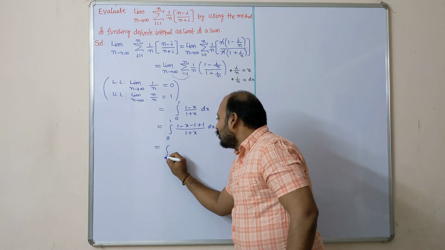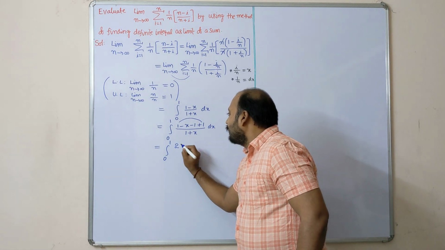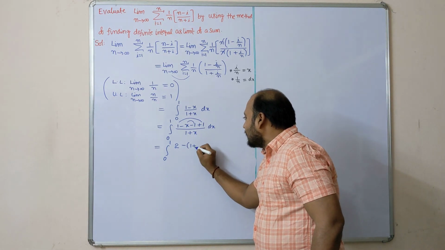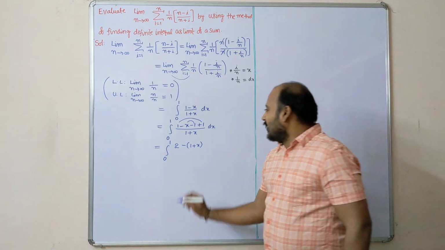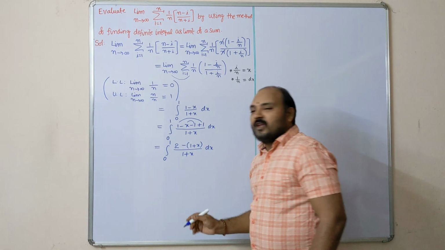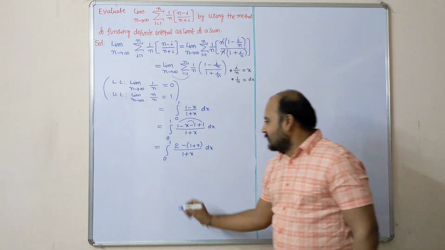Integral 0 to 1, (1 plus 1), 2. From these two, minus take common, minus of (1 plus x), am I right? Divided by 1 plus x, into dx. In the next step, we can split into two integrals and then integrate.